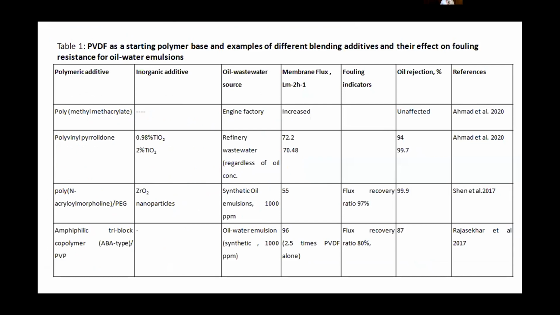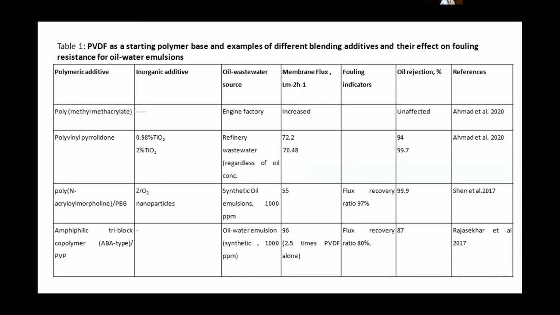And this is some of the modification which is made by blending some additives into the polymer to enhance its activity and its fouling behavior, to increase the flux recovery ratio, to increase the water flux which is obtained after being fouled, which is highly enhanced.